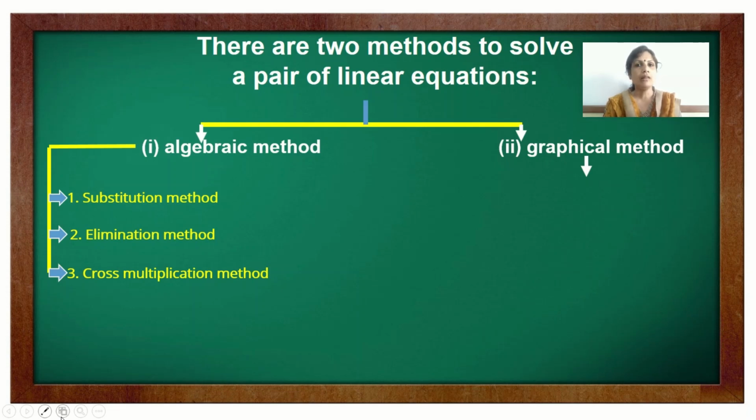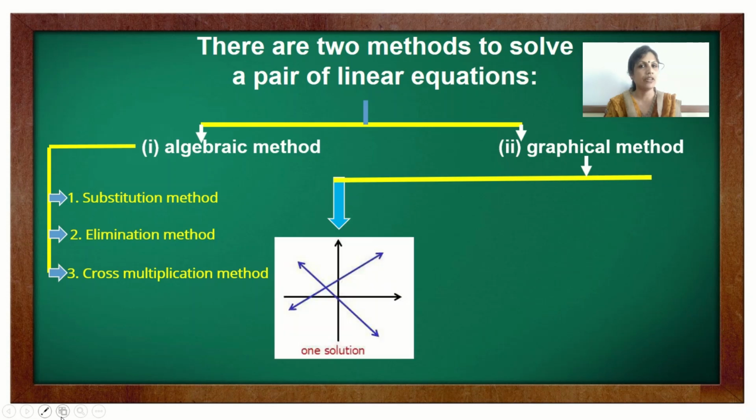Now in graphical method, that means when you are given linear equations in two variables and you have to draw the graph for those equations, looking at the graph we can make out that if the two lines intersect each other, then the pair of linear equations will have only one solution.